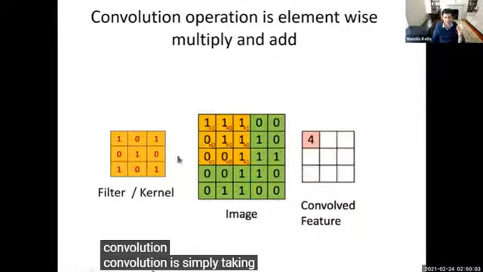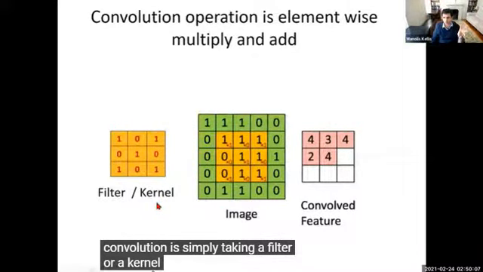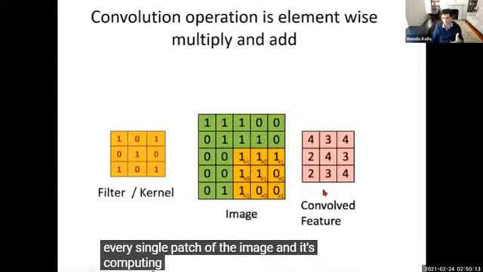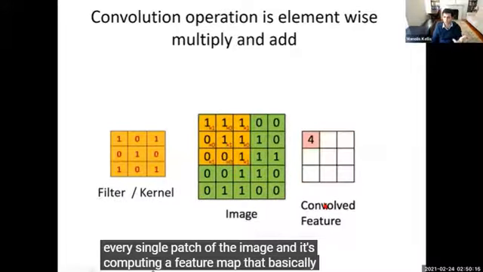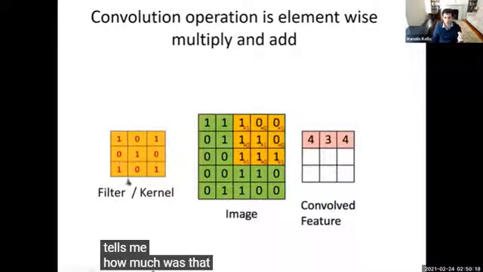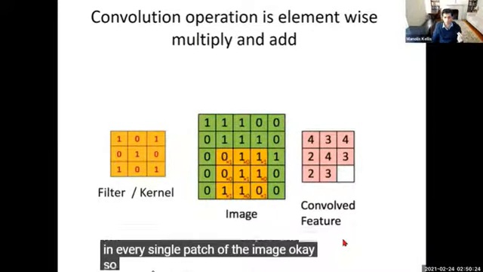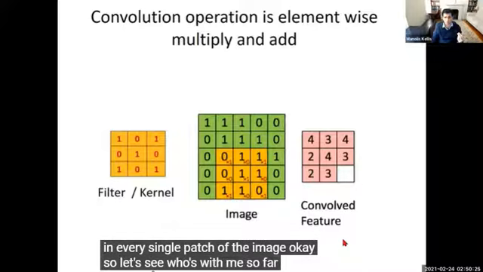Convolution is simply taking a filter or a kernel, and applying it to every single patch of the image. And it's computing a feature map that basically tells me how much that feature was present in every single patch of the image. Okay, so let's see who's with me so far.